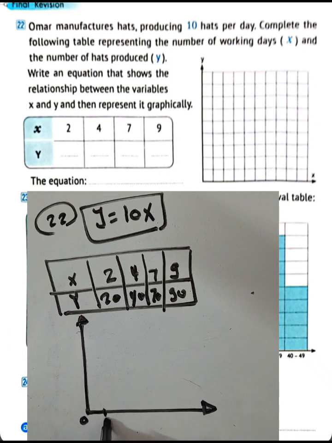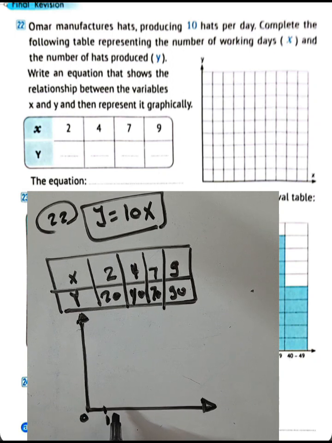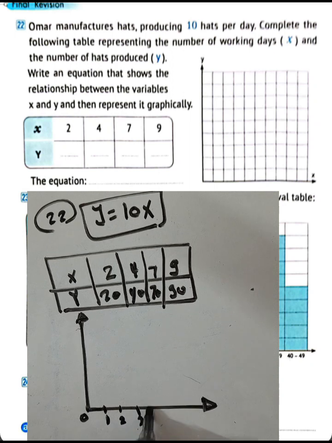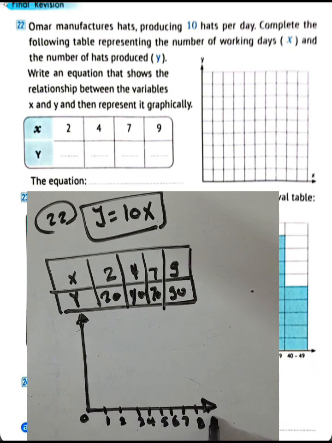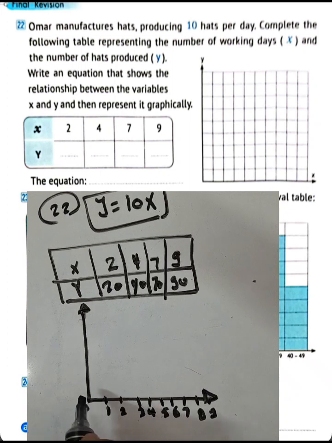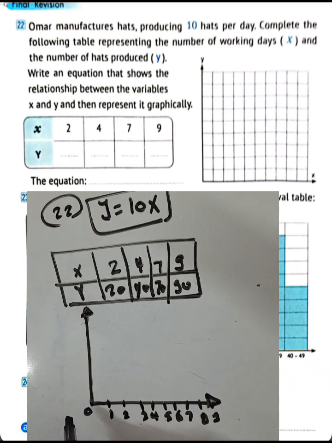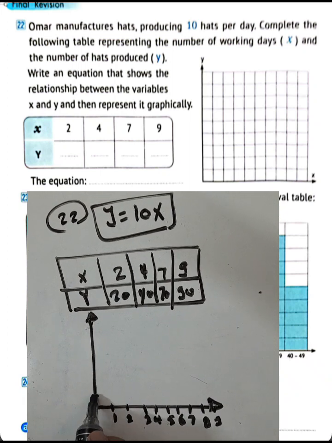Zero, 1, 2, 3, 4, 5, 6, 7, 8, and 9. And here coming the y to 90.